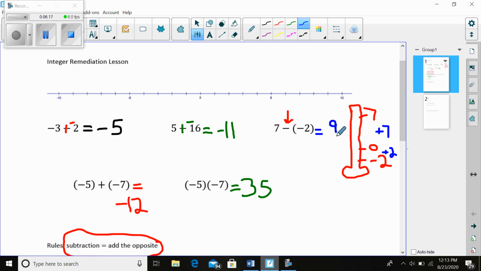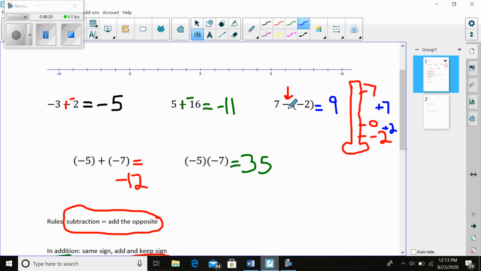Or the temperature has fallen 9 degrees if it went from 7 to -2. So that helps give students a better conceptual understanding of why we get this rule of minus a negative is really add the opposite. Right? And I can see that on the number line if I say, well, what's the difference between 7 and -2? Here's -2, here's 7. Let's look at the difference. It's 9 spaces.